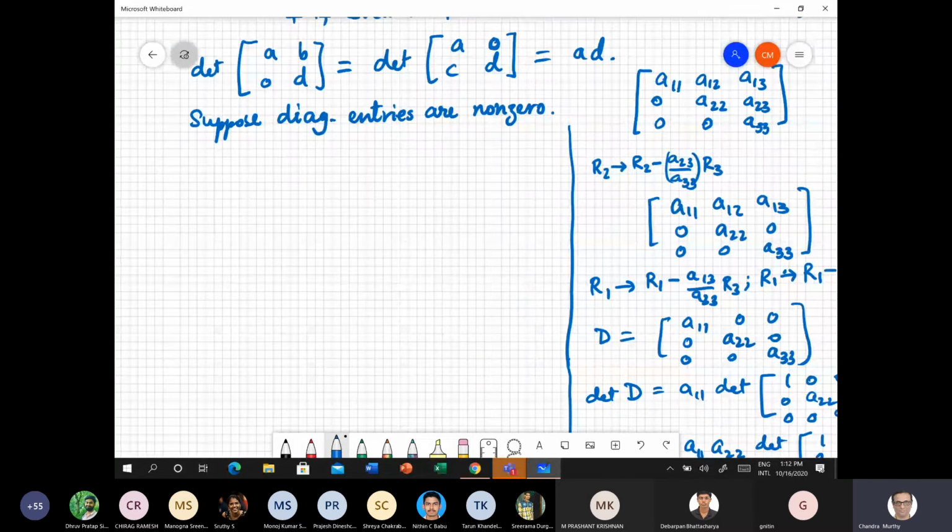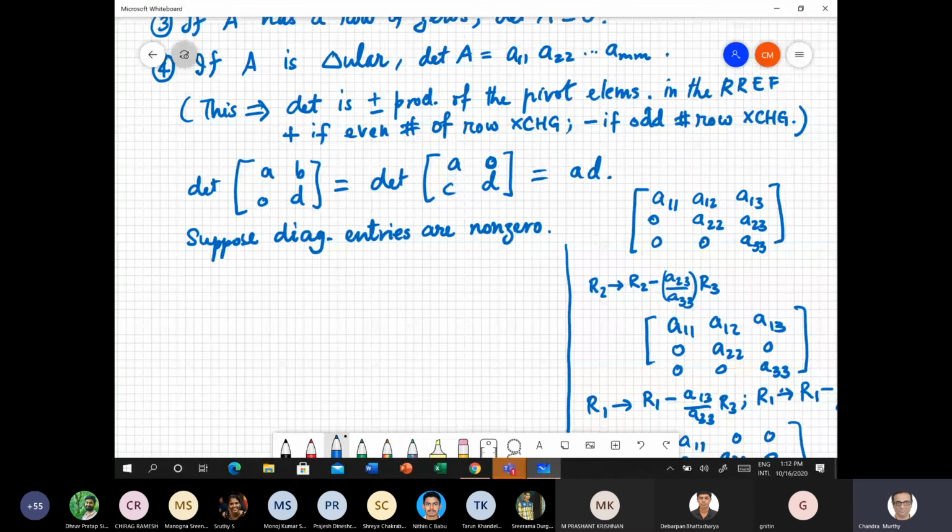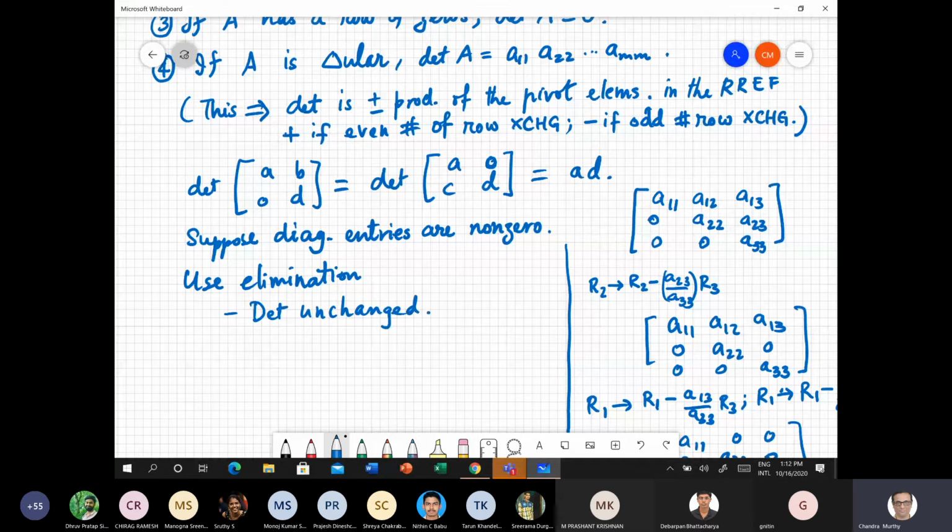So suppose the diagonal entries are non-zero, then I can use elimination. So that means that the determinant remains unchanged. Also, the diagonal entries remain unchanged.